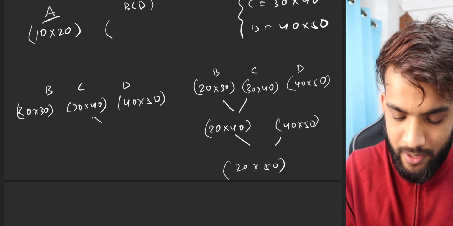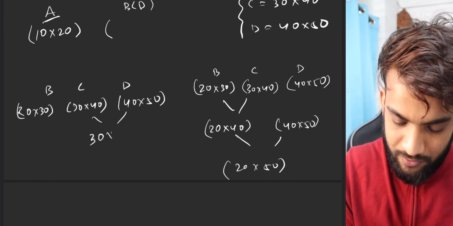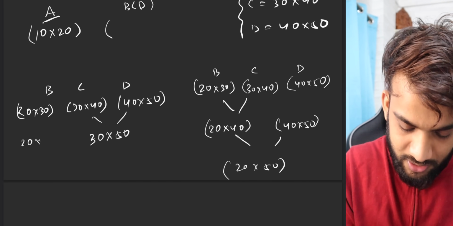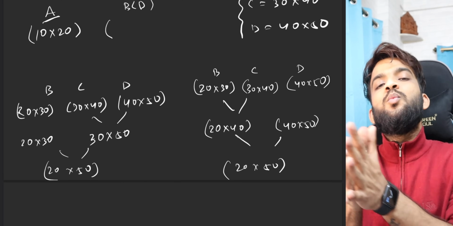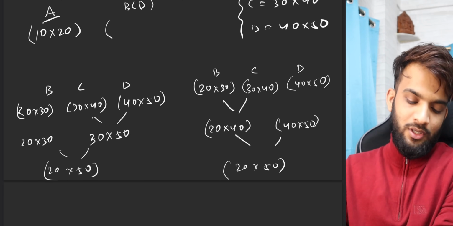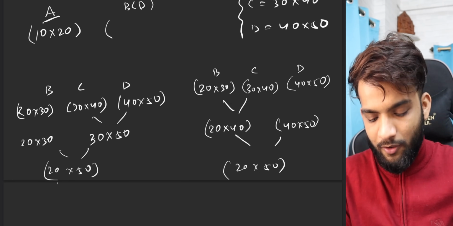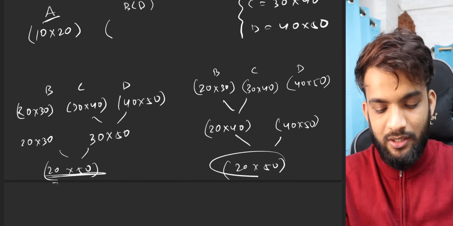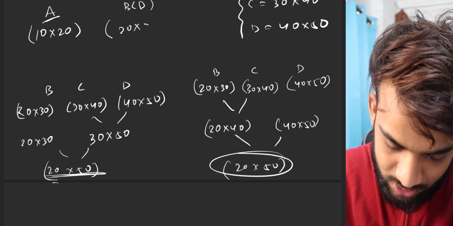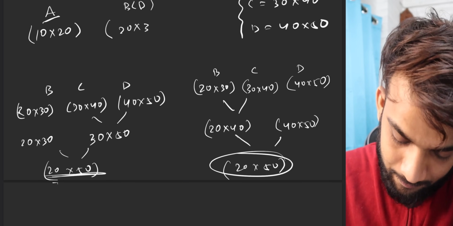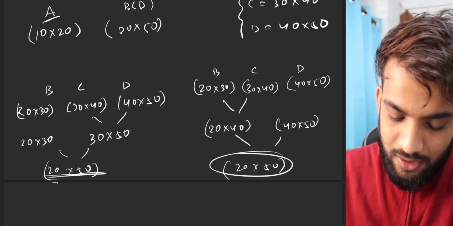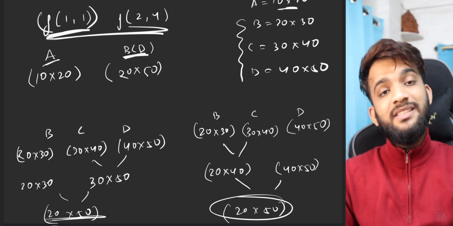Even if you do it the other way, 30 cross 50 first and then 20 cross 30, it's 20 cross 50. No matter in which way you do the multiplication, the resultant matrix will be of size 20 cross 50, my bad. So that's the resultant size of BCD.